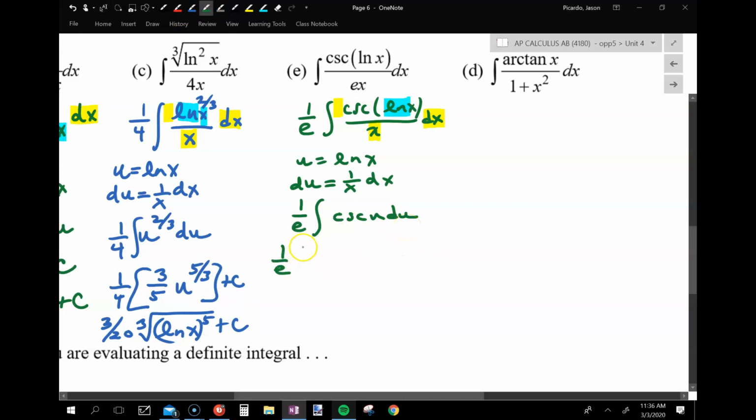And so that's going to be times negative natural log of cosecant u plus cotangent of u plus c. And then I can go ahead and plug my u's back in, right? So this is, again, if you got to make a note of it, guys, there it is.